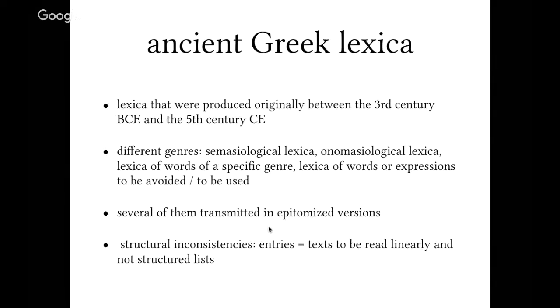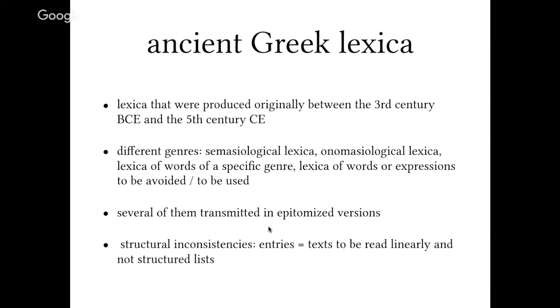All in all, ancient Greek lexica have several and severe structural inconsistencies. And the most important is that the entries are actually not lists of words structured in a certain way, but linear texts that are meant to be read from beginning to the end and are meant to be understood as a real text.